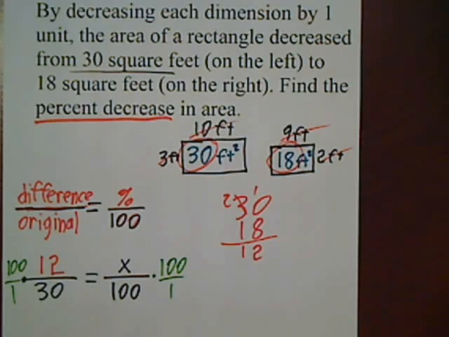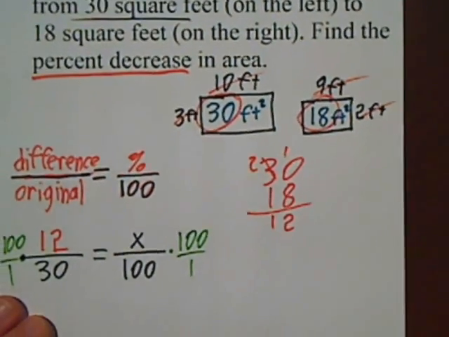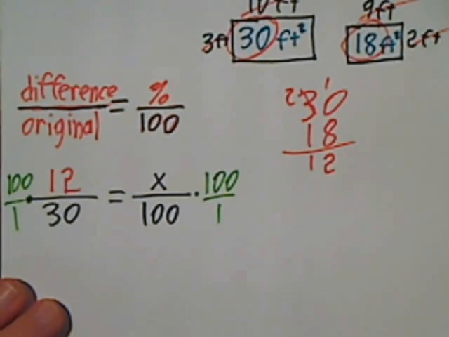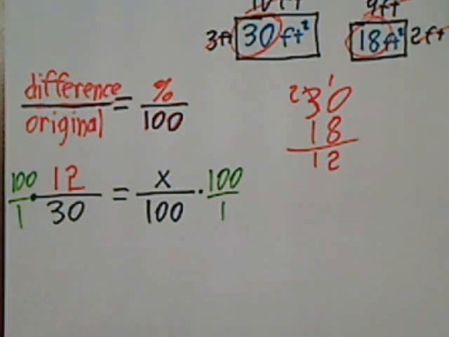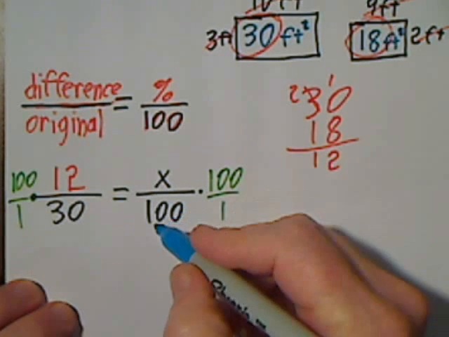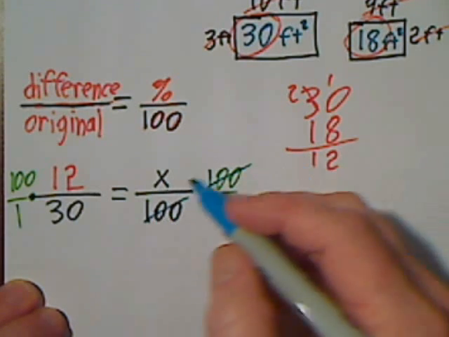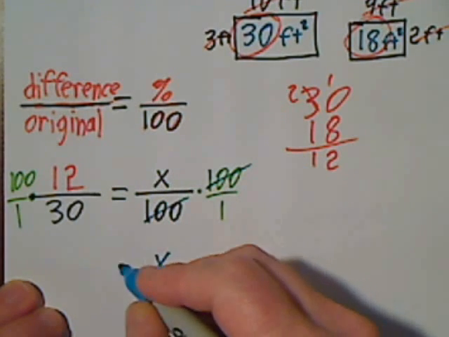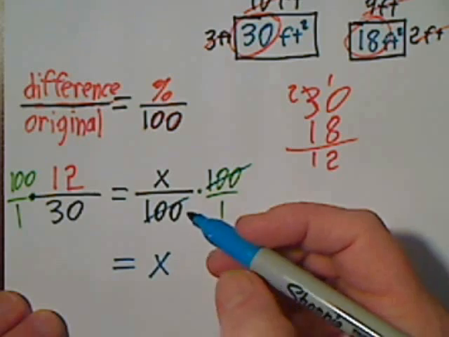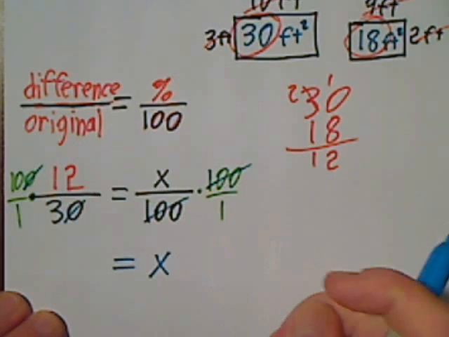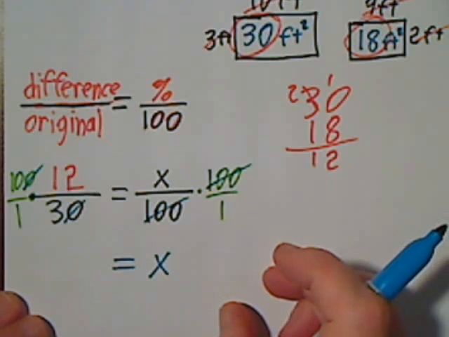I'm going to zoom in on this now, and we can clean this up some. On this side, 100 goes into 100 once, so you have x all by itself. Over here, divide by 10 and divide by 10. That cleaned up pretty fast.